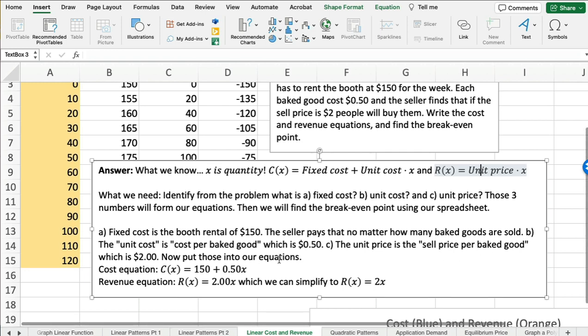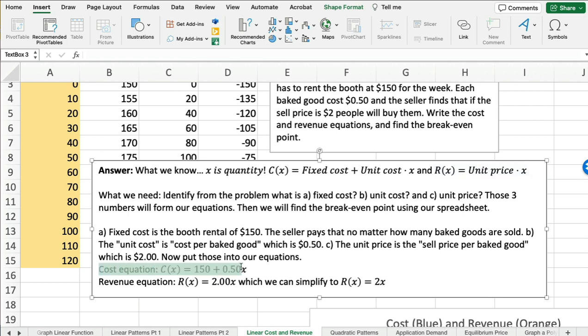So let's put that into our equations. The cost equation then is capital C of X equals 150 plus 0.50 times X. You don't have to put that zero in. It's just kind of there as a reminder that these are dollars and cents.